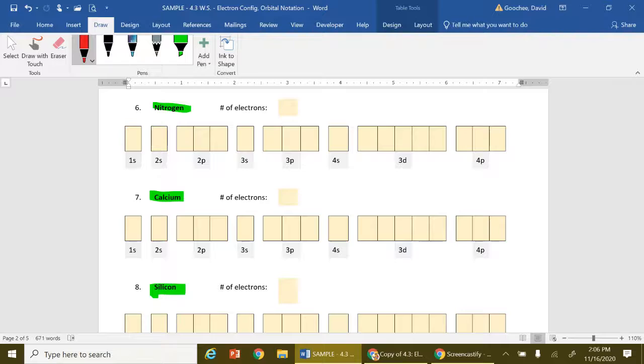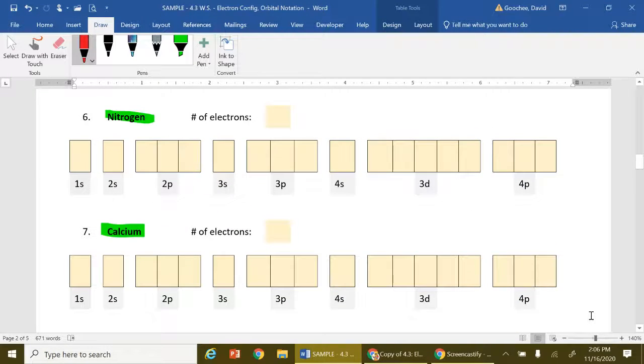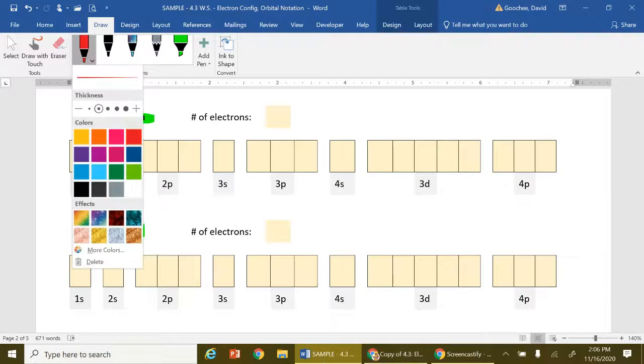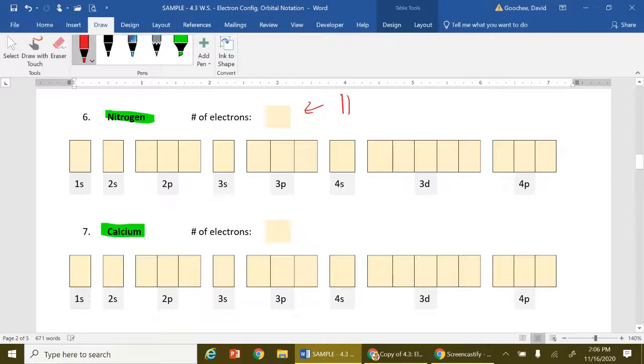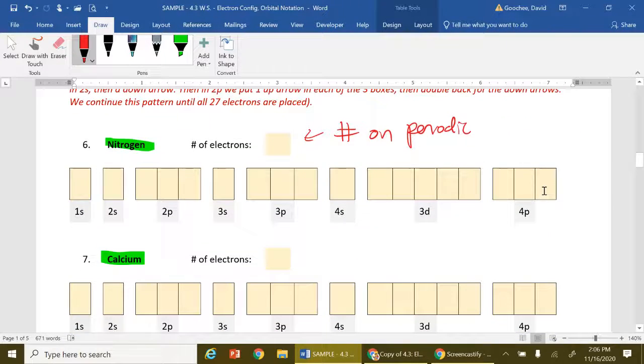What you need to do is go to a periodic table and look up how many electrons this element has. Its number of electrons is just going to be its number on the periodic table.